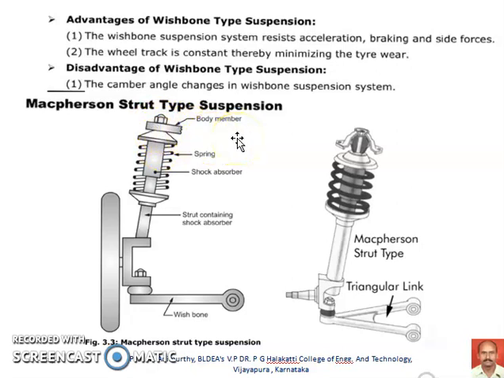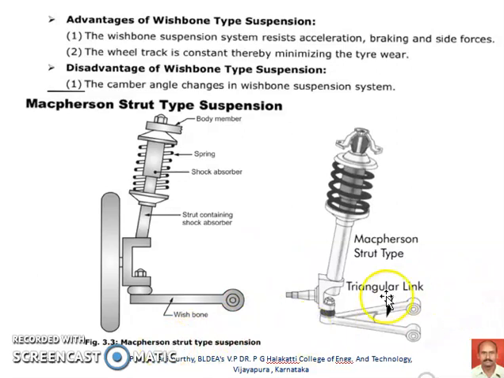The lower end of this shock absorber is communicating with the strut or the stub axle on which we mount the wheel. This kind of arrangement is called a MacPherson strut type of suspension system.